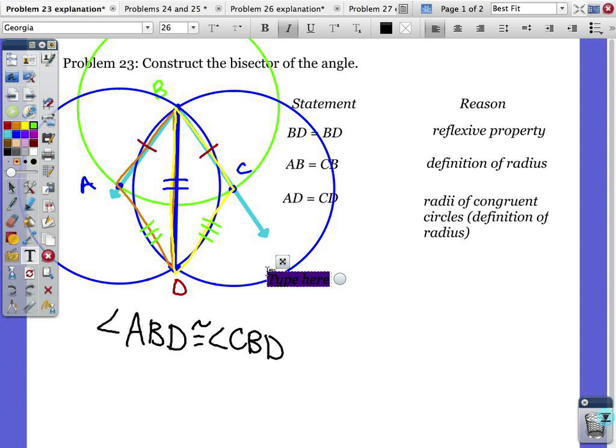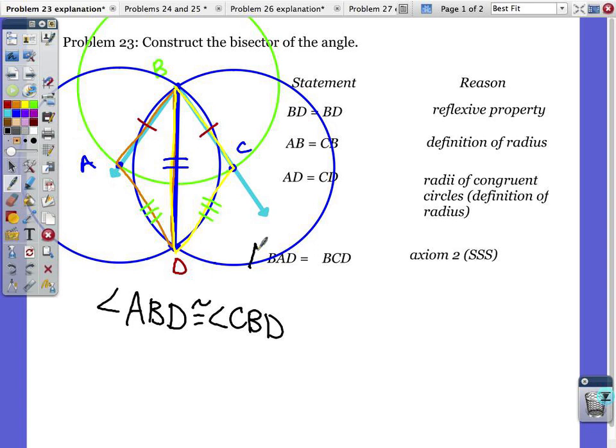So triangle BAD is congruent to triangle BCD. Remember, order matters. And that reason is axiom 2, side, side, side. Now could you use another reflexive property? No, not the reflexive property.